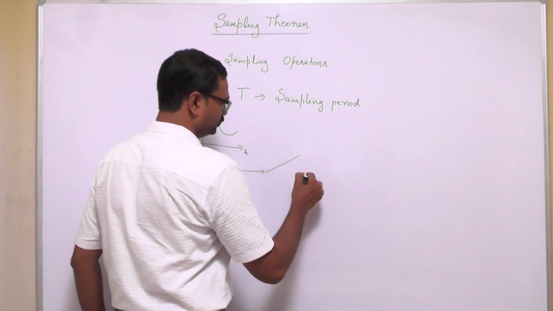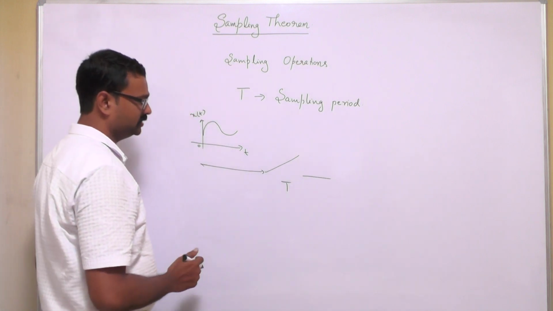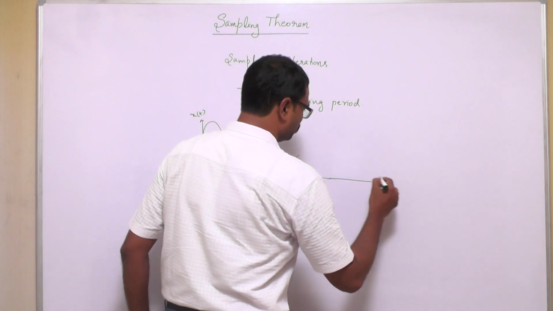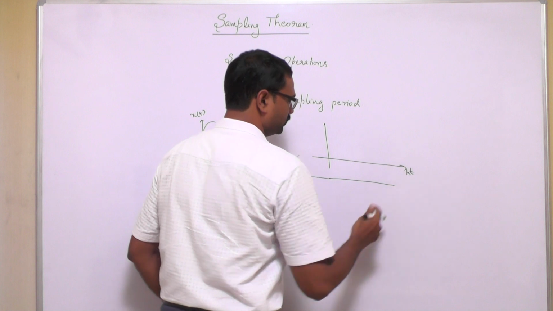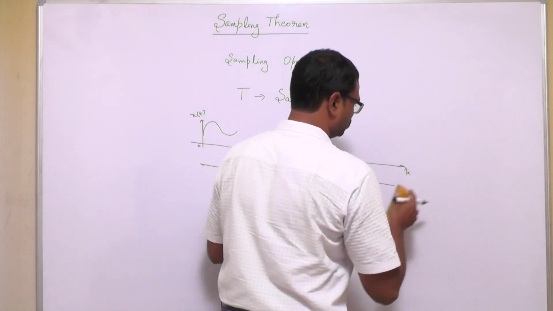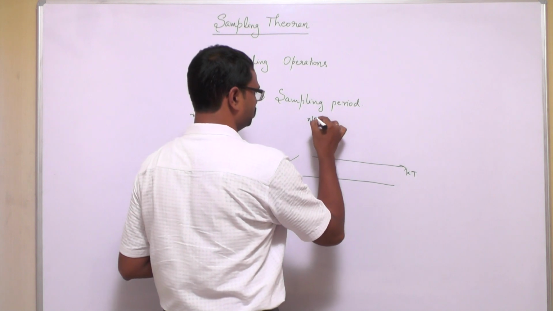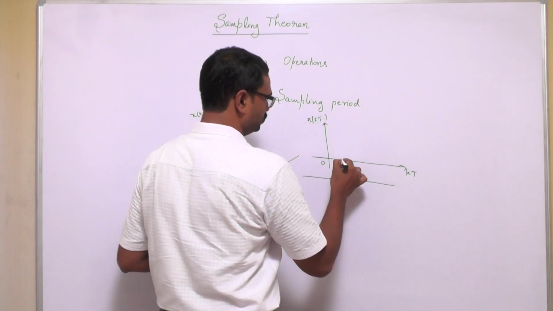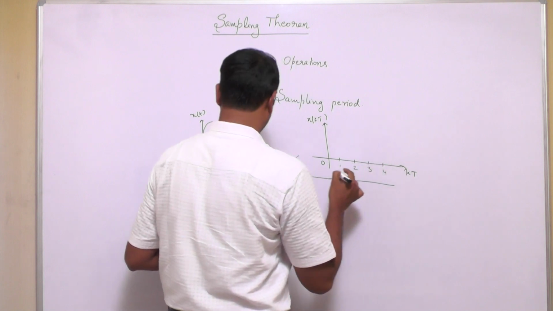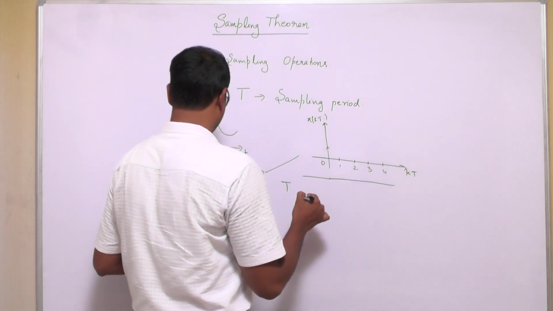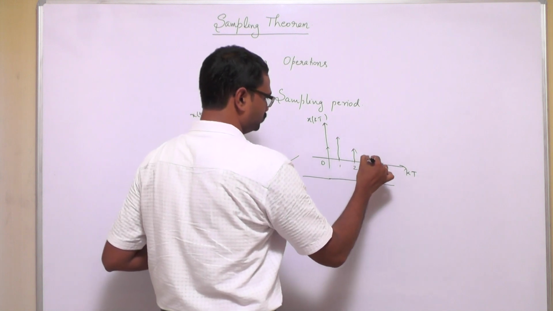When you give it to a sampler with sampling period T, you get an output x of kT, for k equal to 0, 1, 2, 3, 4 and so on. If you sample it like this, you will have a signal of this form.